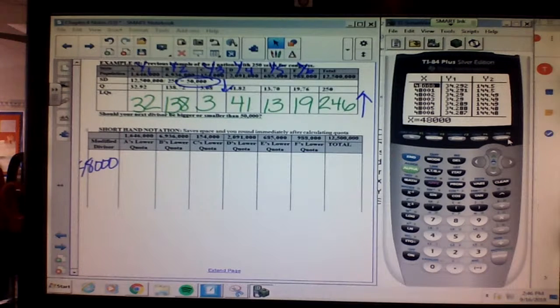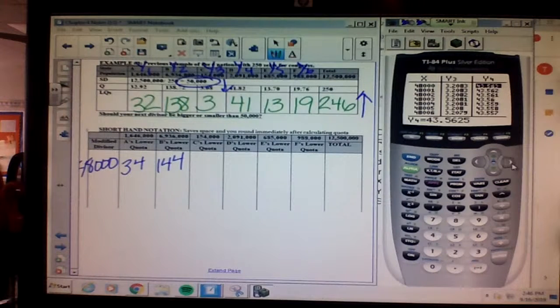So second graph. Okay, I no longer need the decimals. I just need lower quotas. So Y1 is now at 34. Y2 is now at 144. We scroll to the right. It'll go the whole way over, however many you put in.